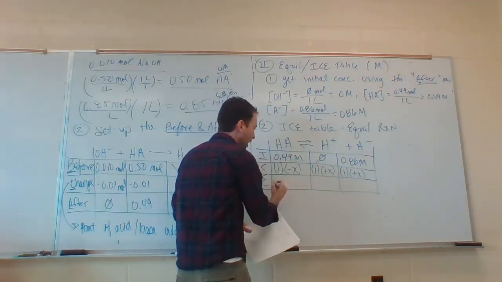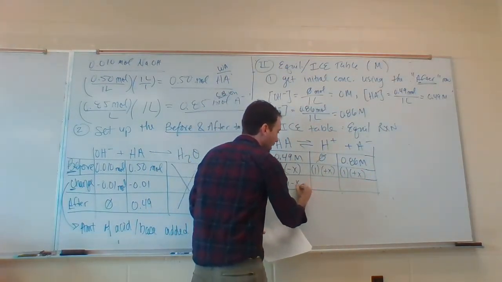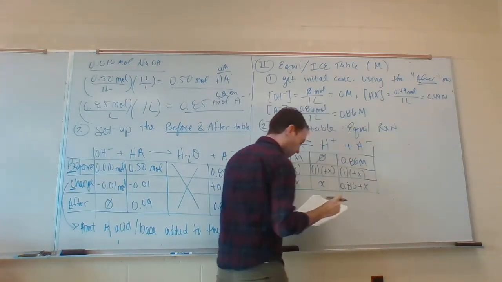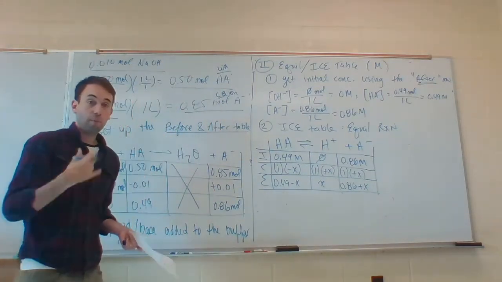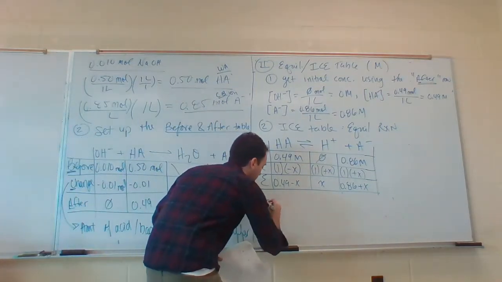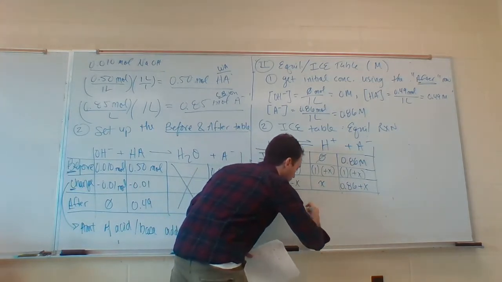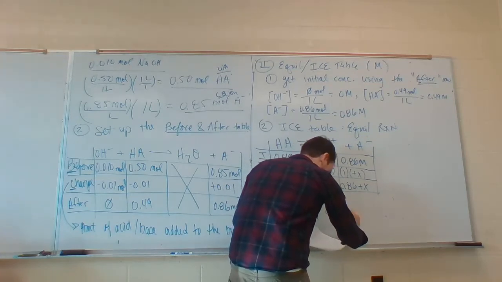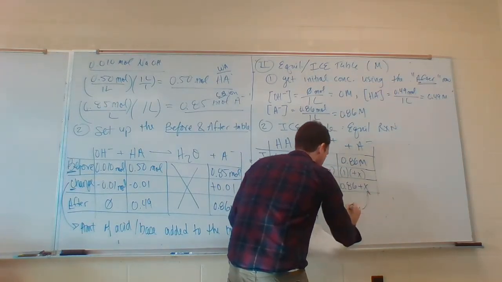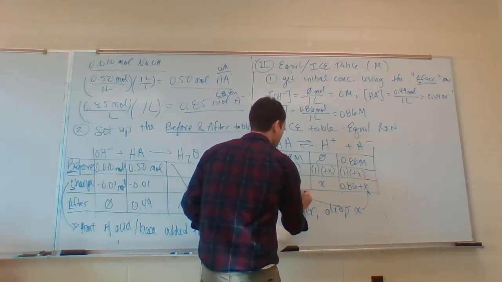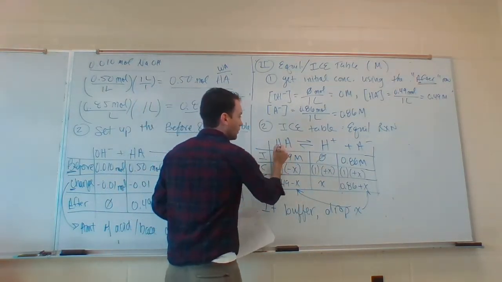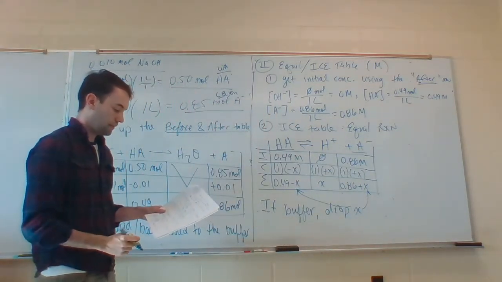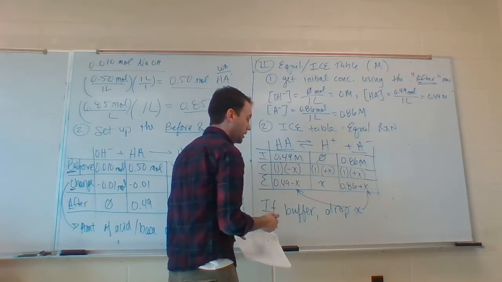Then we add the two rows together: 0.49 minus X, X, and 0.86 plus X. Now, remember from our example yesterday that if we have a buffer, we're going to drop these X's for the HA and our A minus, because it's not going to change much.